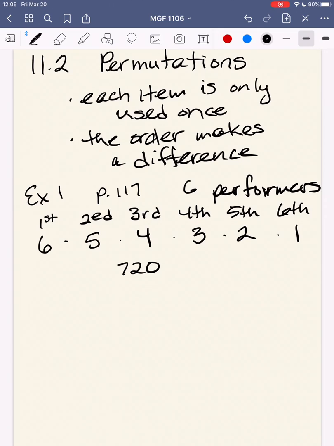Now let's look at example 6. I have a camp counselor and 6 campers. So 1 counselor, 6 campers.